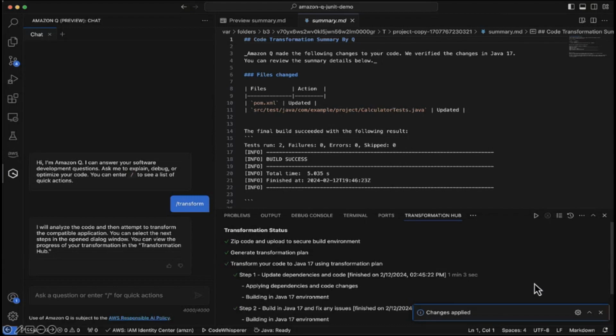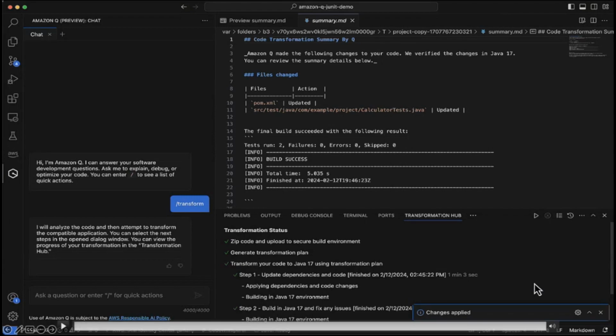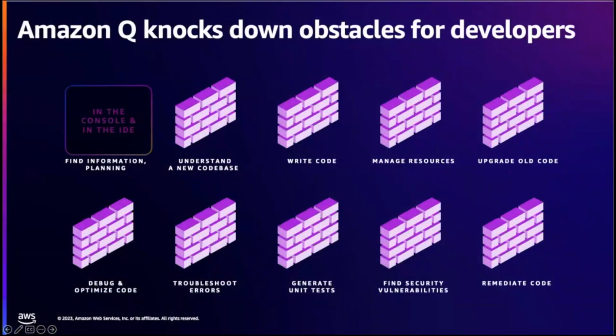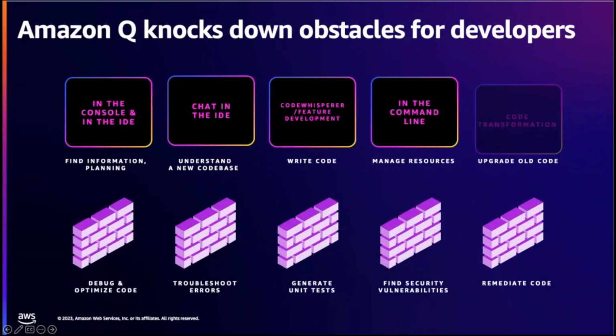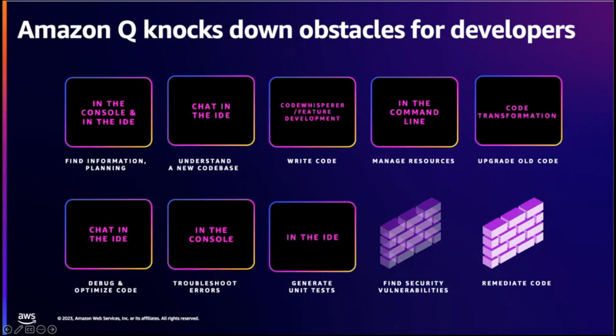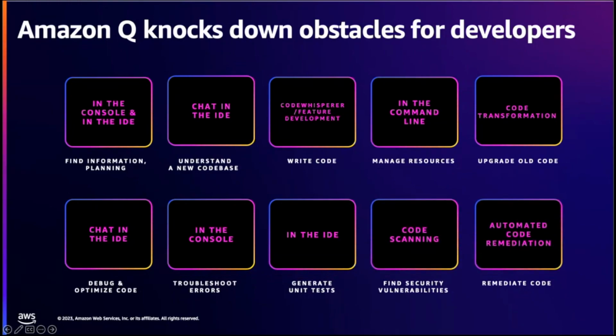As the next step, during the demo, we are going to experiment with all these different things. We are going to see Amazon Q in the console, and chat in the IDE. We're going to see the Code Whisperer feature development. You're going to be able to experiment with Amazon Q in the command line, code transformation, and chat in the IDE to debug and optimize the code.